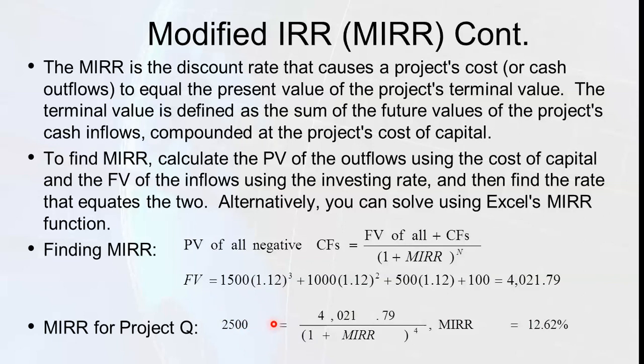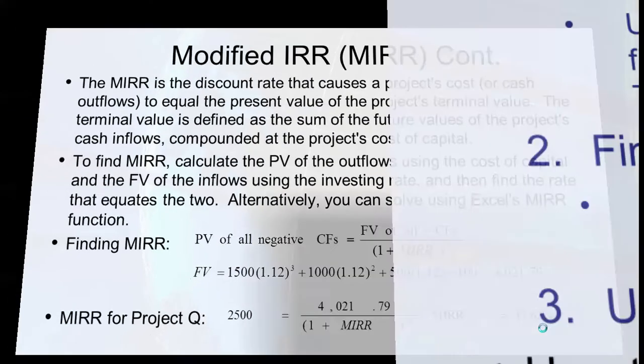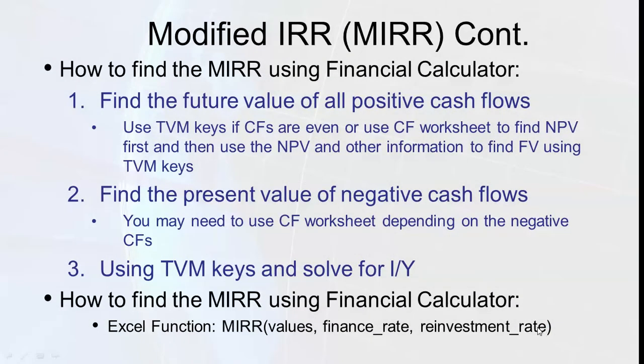So 2500 equals this future value of all positive cash flows. Now solve for MIRR and you're going to receive 12.62%. It's a little bit complicated just looking at this, but I'll show you the steps using the financial calculator.